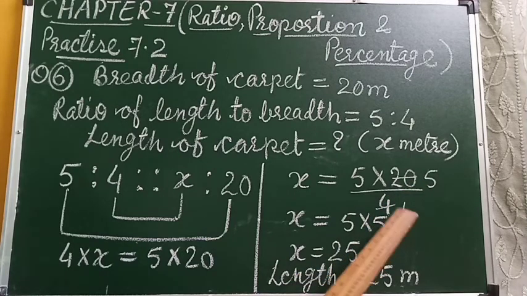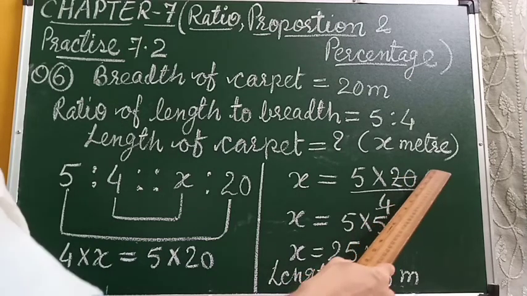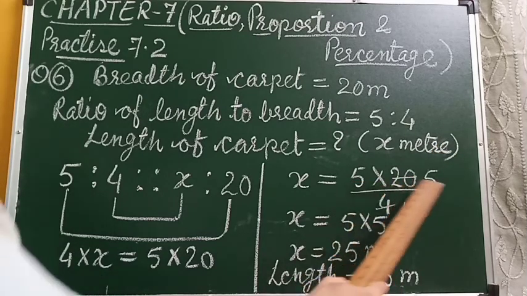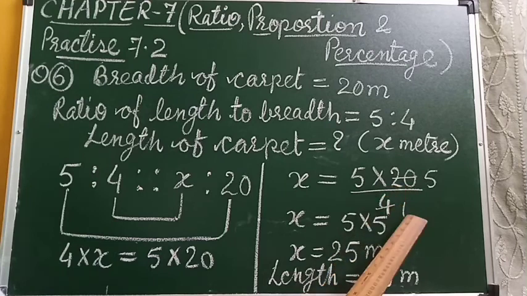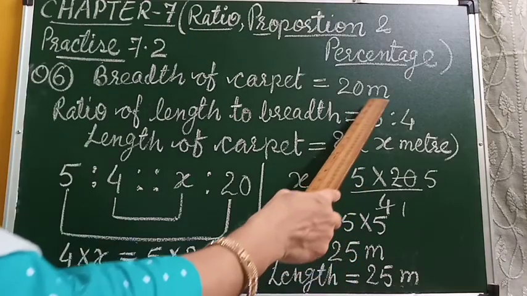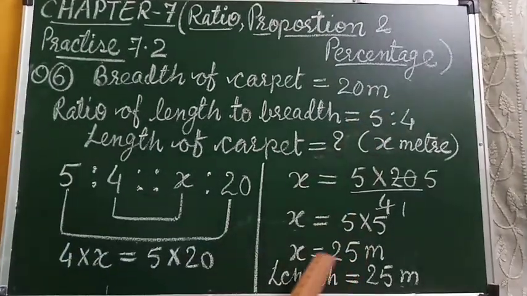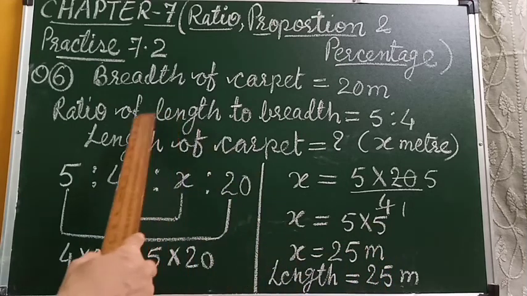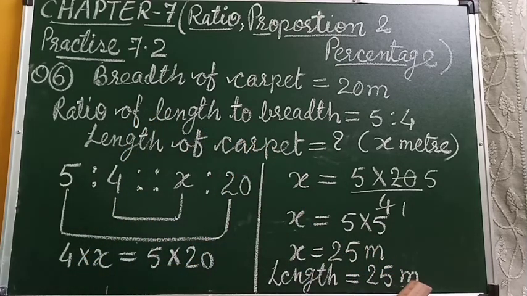So we can cancel it. 4 ones are 4 and 4 fives are 20. So let's see what is left in the numerator. 5 into 5 and nothing is left in the denominator. So 5 into 5 is 25 and length is measured in meter because breadth is given in meter. So we can write x is equal to 25 meter. That means the length of the carpet is 25 meter.